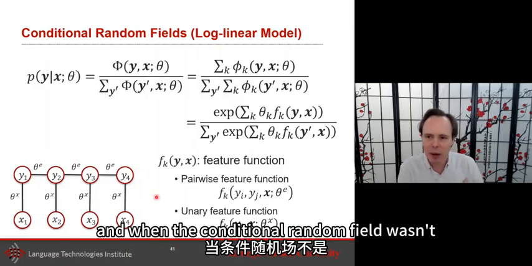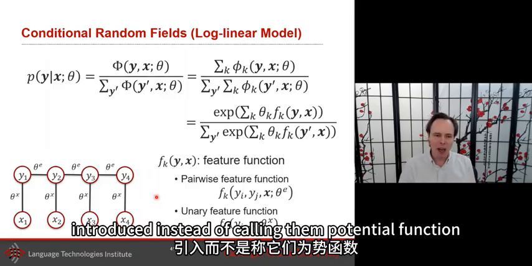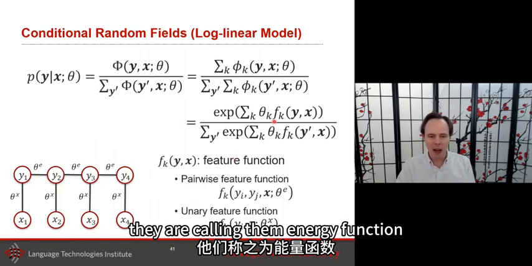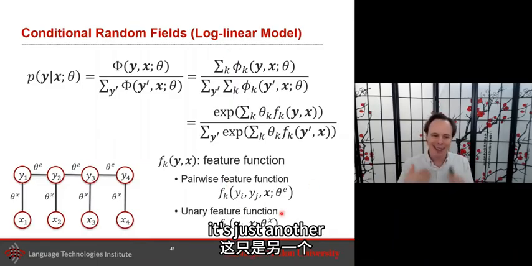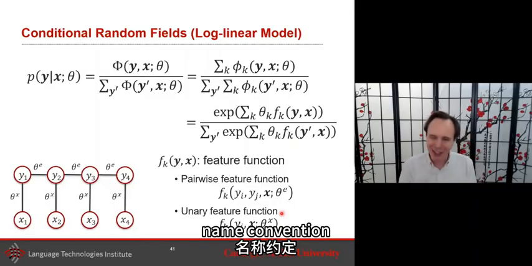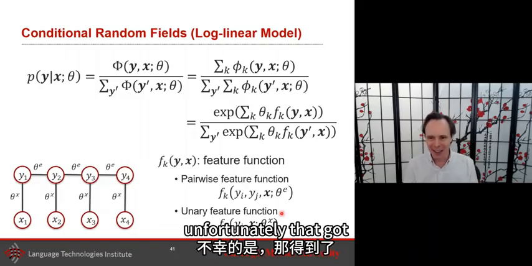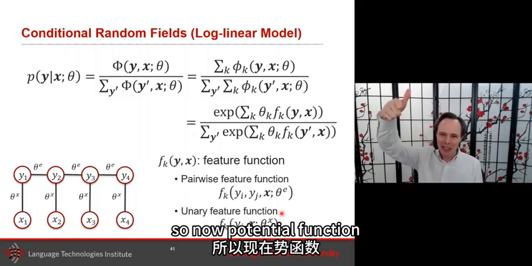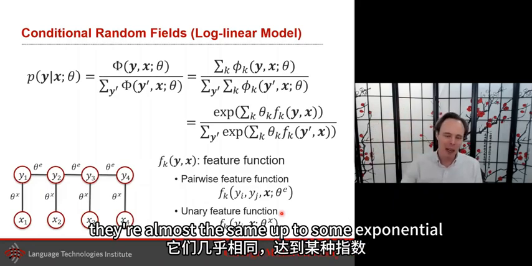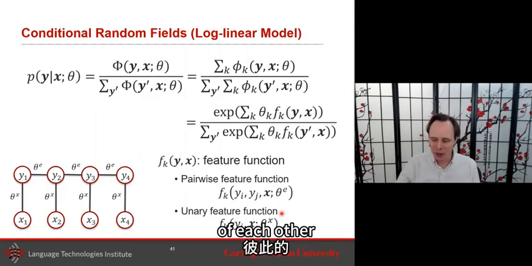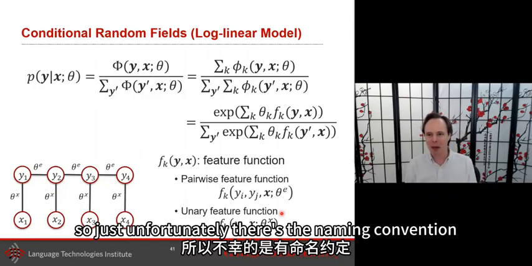And when the conditional random field was introduced, instead of calling them potential function or energy function, they decoupled it and just called it feature function, but it's just another naming convention. Unfortunately, potential function, energy function, feature function are almost the same up to some exponential of each other. So just unfortunately there's the naming convention.